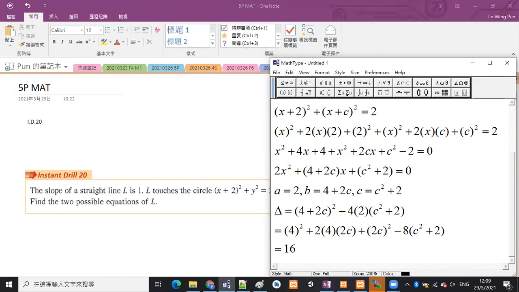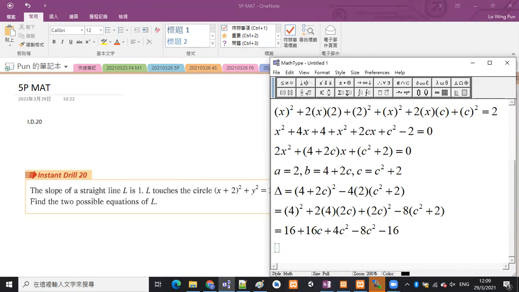And we have 16 plus 2 times 4 times 2, which is also 16c, plus 4c squared, minus 8c squared, minus 16. Then simplify, so we have negative 4c squared plus 16c. No constant term here. This is our delta, but our delta should be equal to 0.